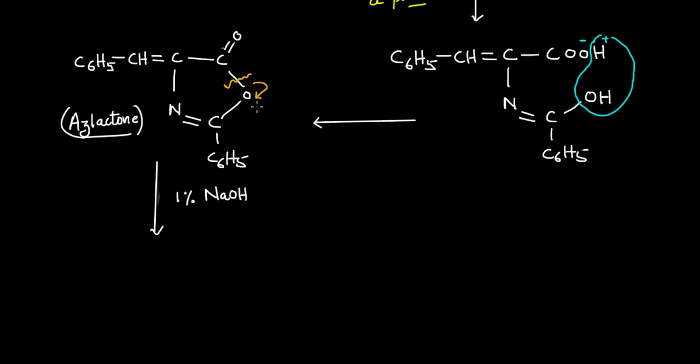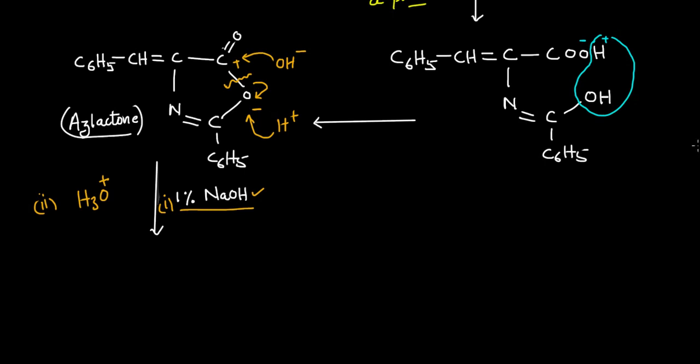So a negative charge comes on the oxygen, and when the electrons shift from this bond to the oxygen, this carbon gets a positive charge. So when OH minus and H plus are there, because in the first step we are using 1% NaOH and then we do the hydrolysis, this OH will go to this carbon, and this H plus will go to this oxygen atom.